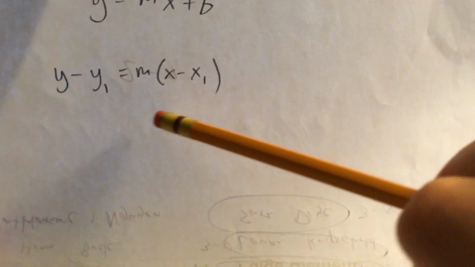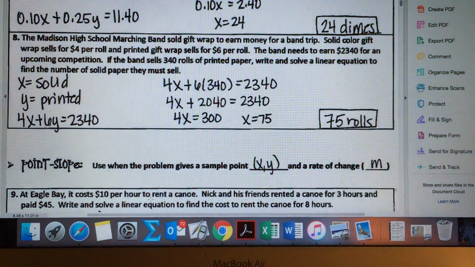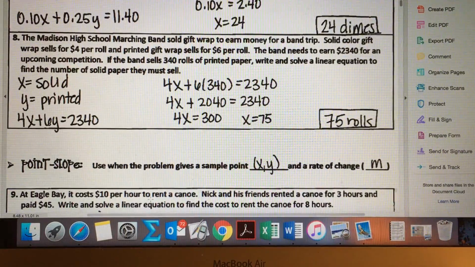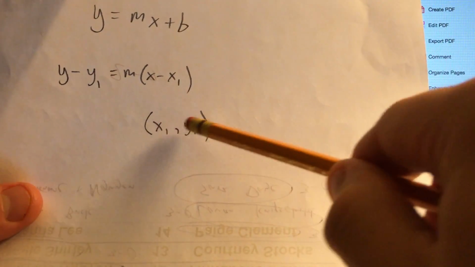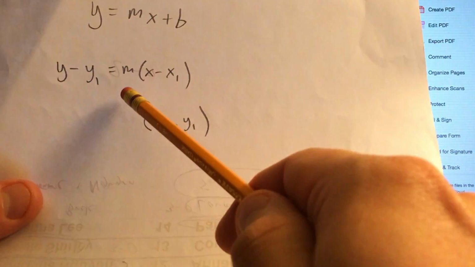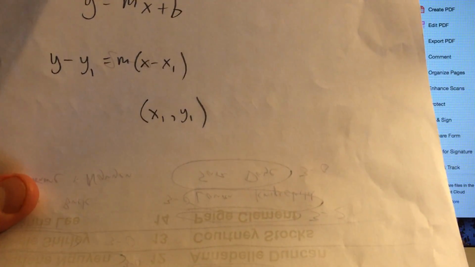But y1 and x1 come from a point, a coordinate, x1 comma y1. And m still represents the same thing it did up here, which is the slope, the rate of change.